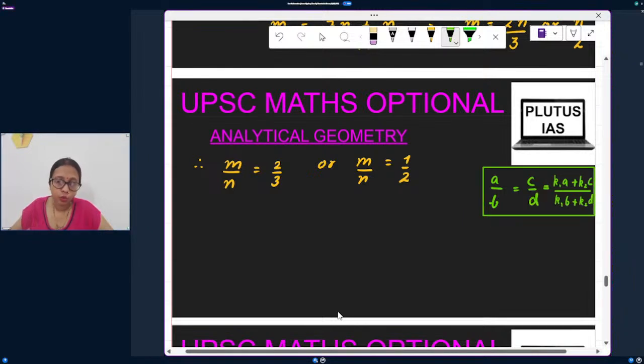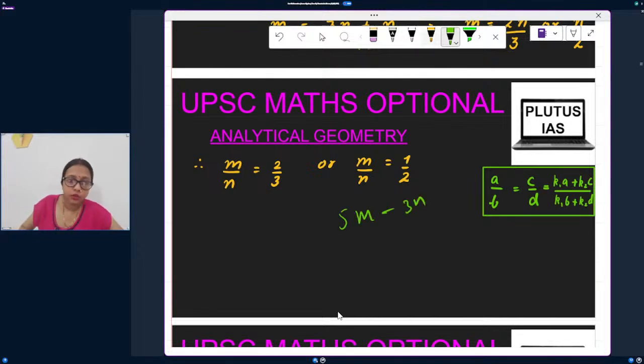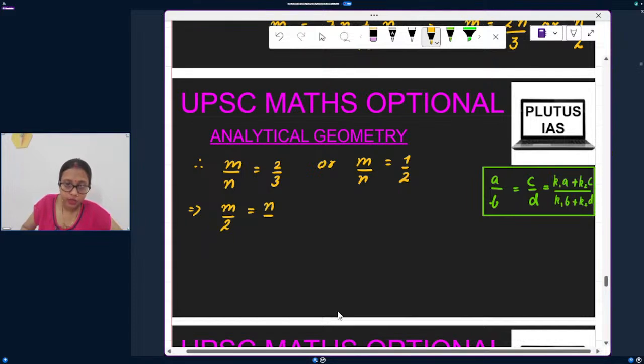So what are k1 and k2 I require? I require it to be 5m minus 3n. So this can be written as m by 2 is equal to n by 3, and now I'll make it 5m minus 3n. That I have to do in the denominator also: 5 times 2 minus 3 times 3.